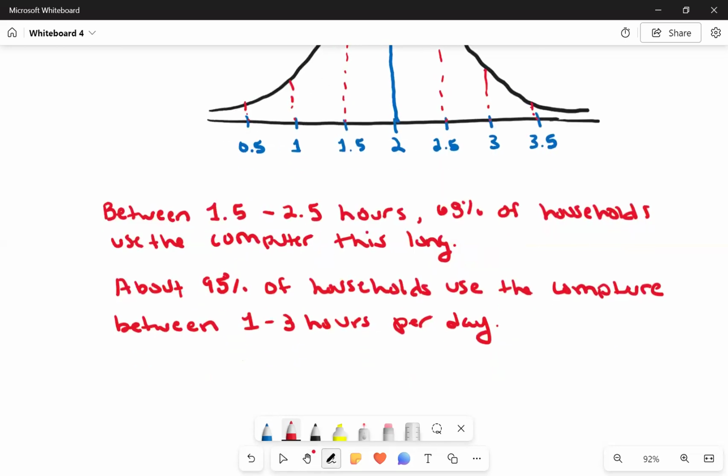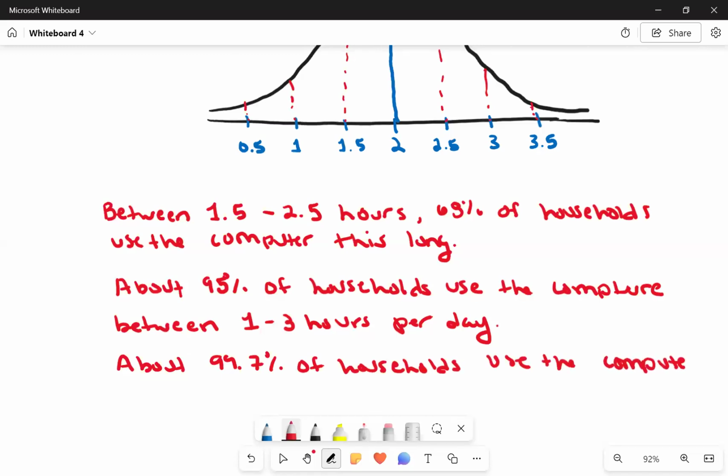So about 99.7% of households use the computer half an hour to 3.5 hours every day. There we go. Of course, you could say per day. You can change the wording a smidge and still say the same idea.